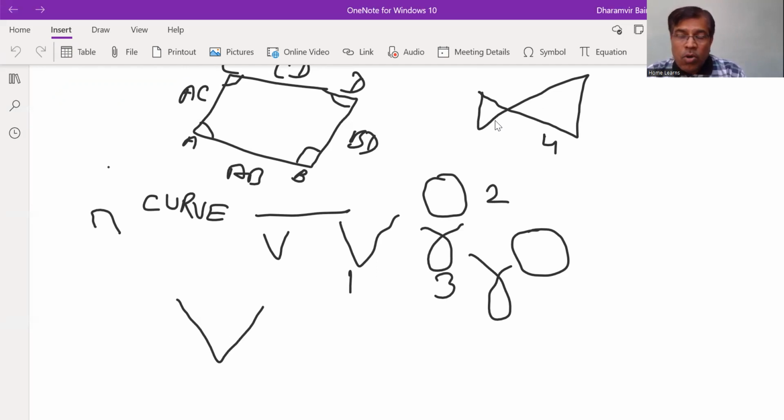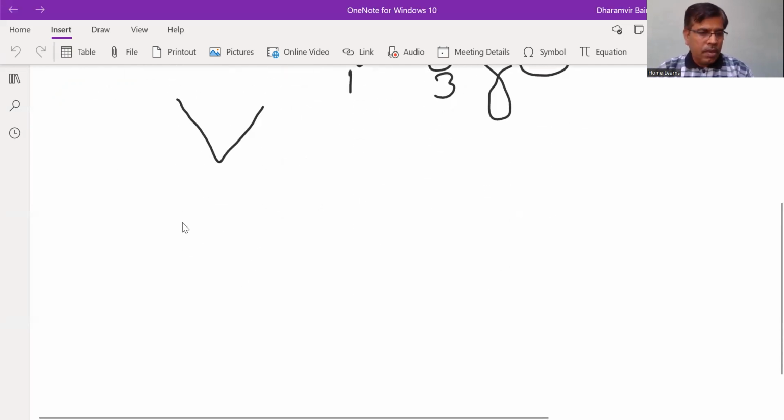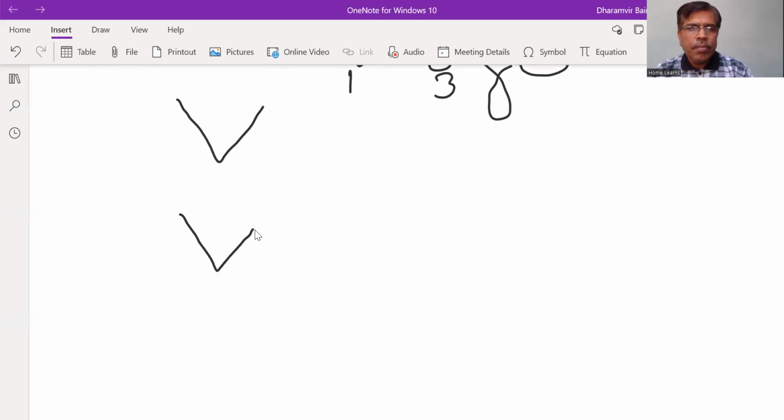One more is the closed curve. A curve which has no open end is a closed curve. So which one is the closed curve? A closed curve has no open end, like this. This curve has an open end, but this curve has no open end.